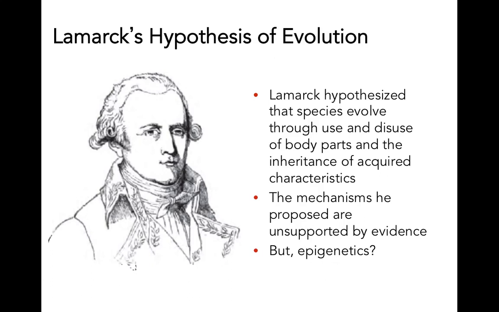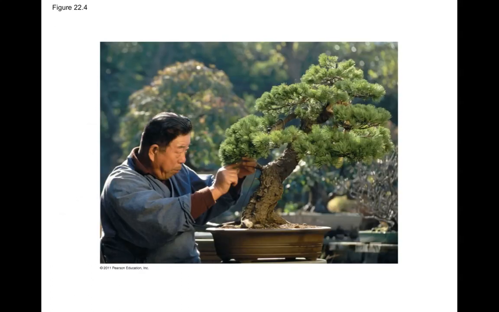So Lamarck may have been correct to a certain degree, but not in the way that he proposed at all, or he could have even envisioned when he put this idea forward. However, Lamarck is still considered to be someone who did not put forth an idea that could be supported by evidence.